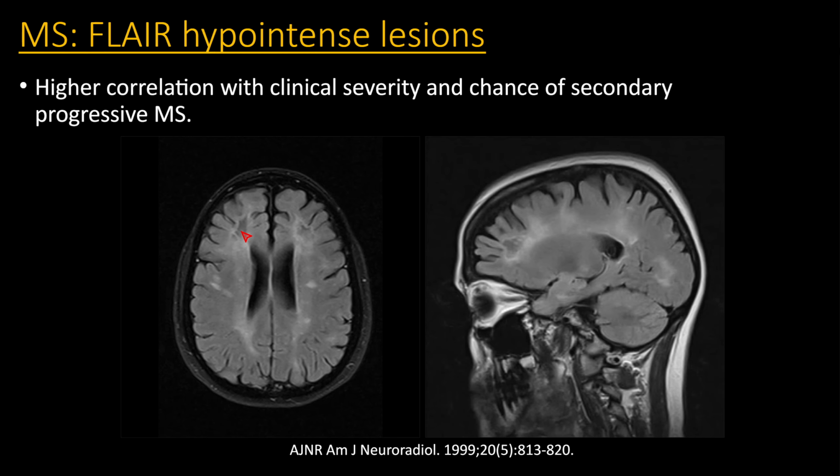They've had such profound loss of white matter that they're becoming vacuolated and replaced with CSF. This has a much higher correlation with clinical severity, stages of the disease, and chances of secondary progressive MS based on this particular study. So I just want to show this so you're aware that you can sometimes see these FLAIR dark lesions, and those are typically correlated with more clinical severity and also secondary progressive forms of MS.